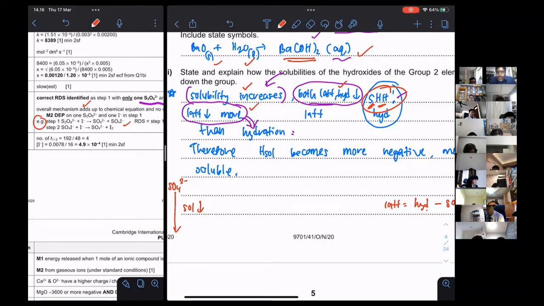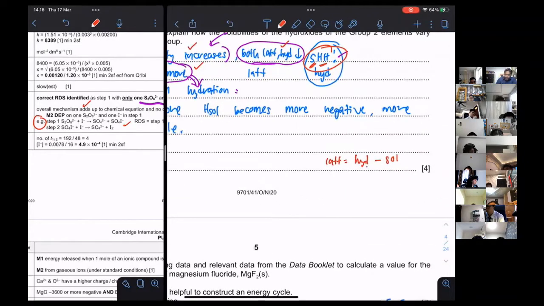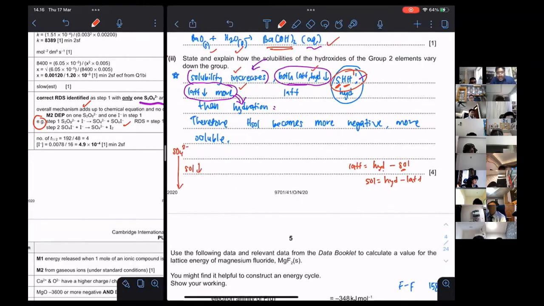Therefore, when you rearrange this formula, you don't need to show it. But when I rearrange it, I will notice that when lattice energy is decreasing more, something happens to my solution, because now I know solubility is increasing.